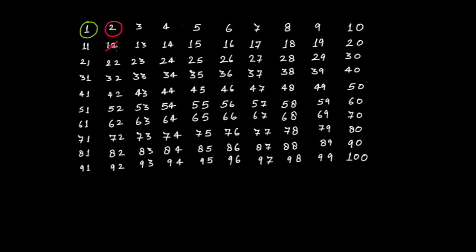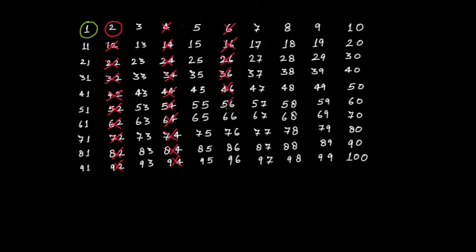So 12, 22, 32, 42, 52, 62, 72, 82, 92. Why did we do that? Because all these numbers have 2 at the units place, so they are divisible by 2. And then we have 4 also. We have 14, 24, 34, 44, 54, 64, 74, 84, 94. Then we have 6, and we have 16, 26.